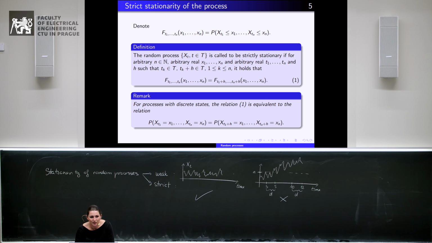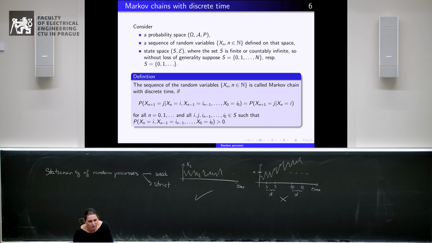So now let's skip the stationarity, and when I will talk about stationarity in our topic of Markov processes, I will recall what exactly I mean. So let's go to the topic I promised you from the beginning, and it is the topic of Markov chains with discrete time. So as I said, Markov chains with discrete time are random processes with discrete time.